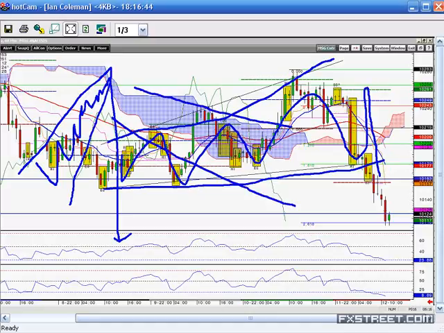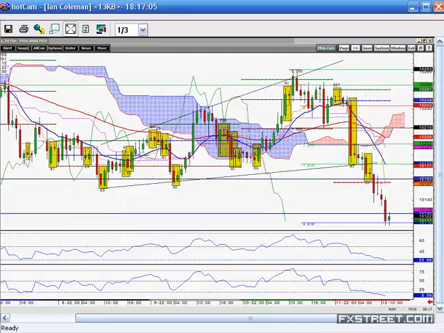If the expanding wedge, making loads of mess here, if the expanding wedge was that way, okay, then we'd expect a break to the upside. Okay, so it's not like a consolidating wedge formation, it's opposite, but it has a tendency still to break in the same direction, if you see what I'm saying. Okay, and it's not a pattern that many people use.